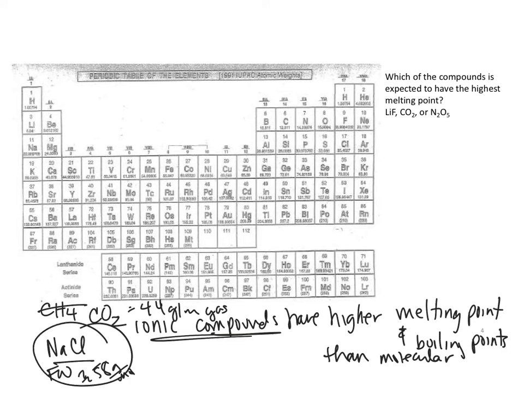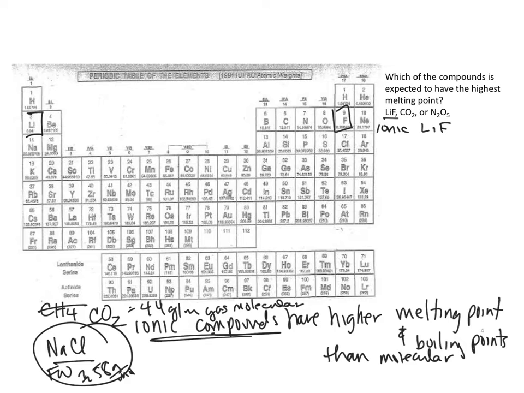Sodium chloride is a solid. That carbon dioxide is a molecular compound. Sodium chloride is an ionic compound. So it's very significant. So here we are. Which one will have the highest melting point? Well, lithium is a metal with fluoride, so that's ionic.